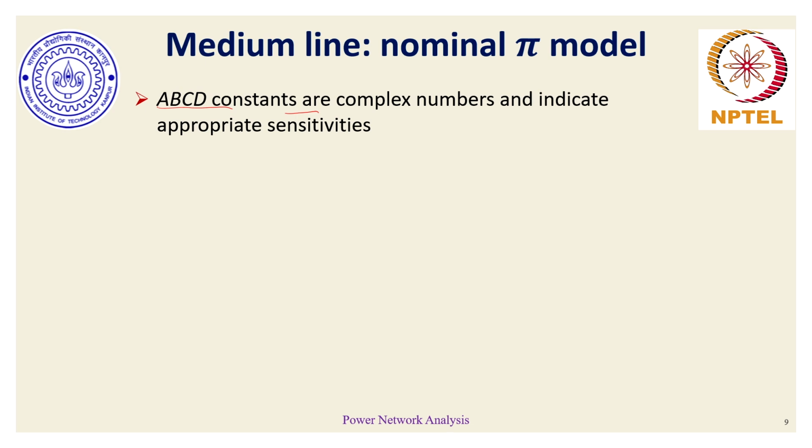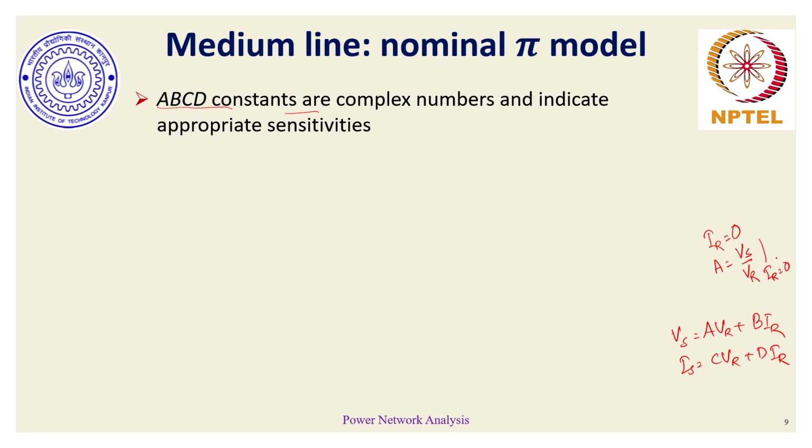Now, what are these sensitivities? If I write the equation of ABCD here, Vs equals A Vr plus B IR, and Is is equal to C VR plus D IR. Under the condition when the receiving end current is 0, meaning the line is at no load, the value of A is equal to Vs by Vr, as per the definition of A under the condition that IR is equal to 0.